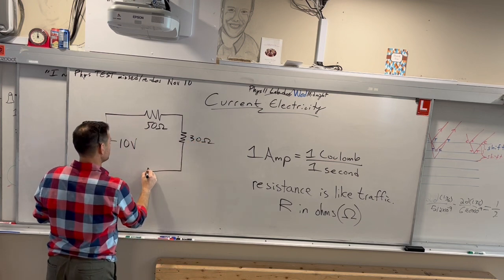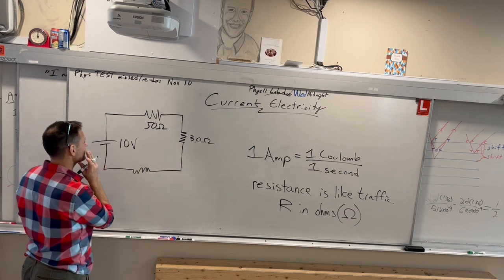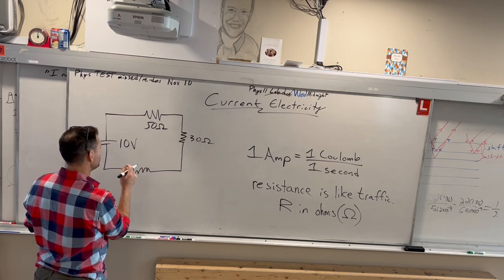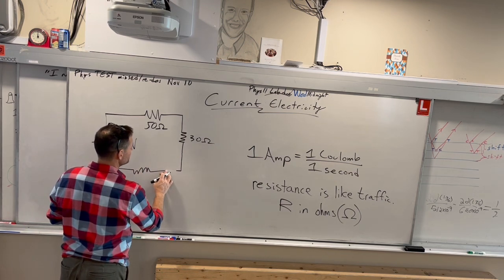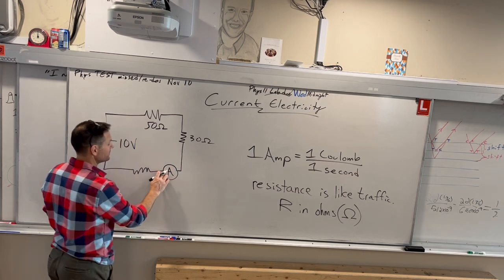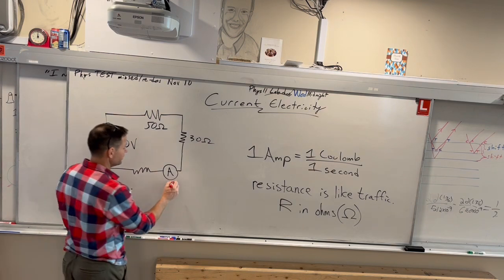And you have one more resistor. And the current here. So if I want to measure the current, I'm going to put this in. This is an ammeter, which measures current, which you will learn how to use.